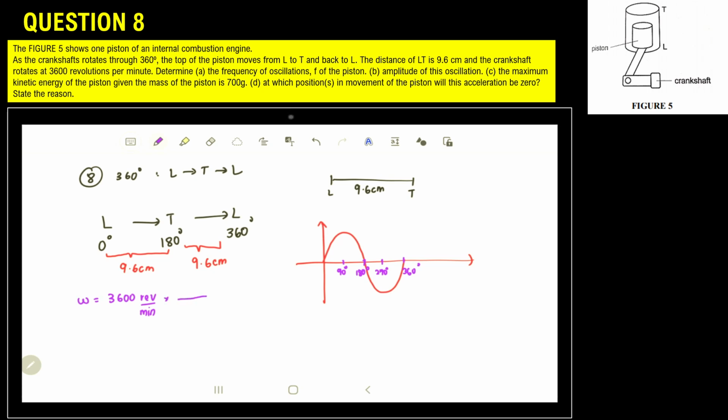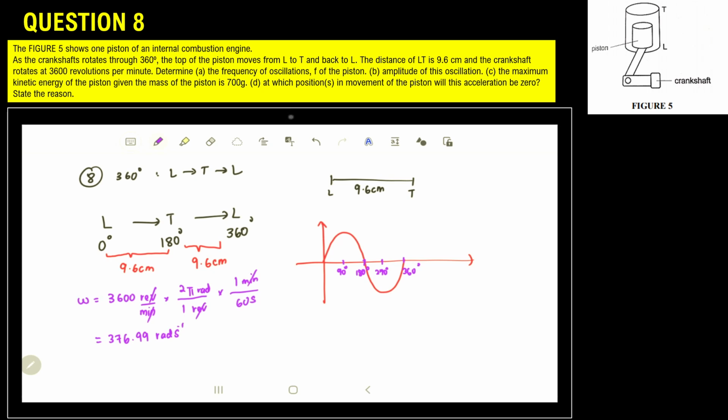One revolution is 2 pi radian, and 1 minute is 60 seconds. After calculation, omega is equal to 376.99 radian per second, or 377 radian per second.